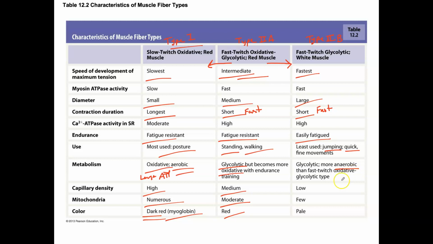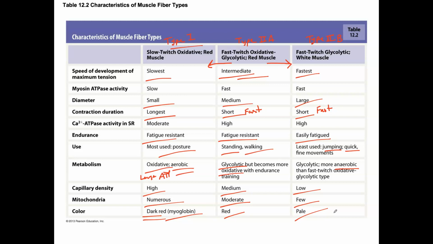They have low capillary densities, so not a good blood supply. They have very few mitochondria because they're relying predominantly on glycolysis in the sarcoplasm, and they have very few myoglobin molecules to carry oxygen, so they have that pale coloration due to the fact that they have less oxygen content.